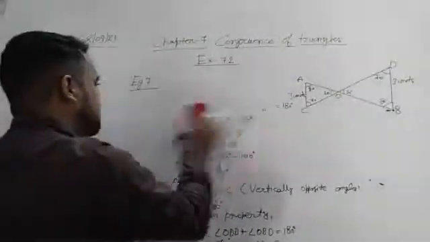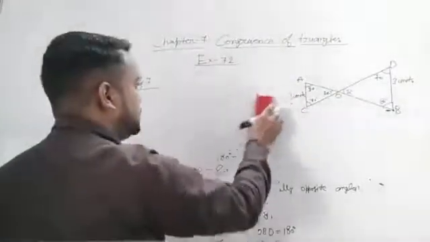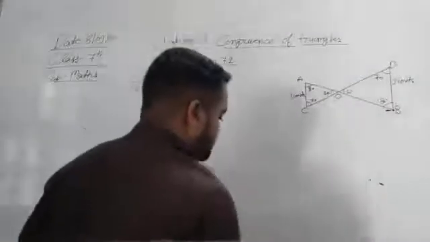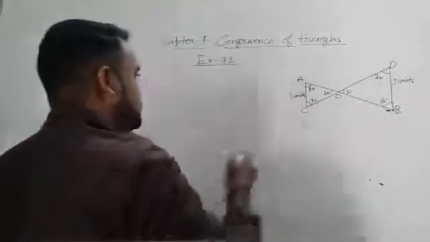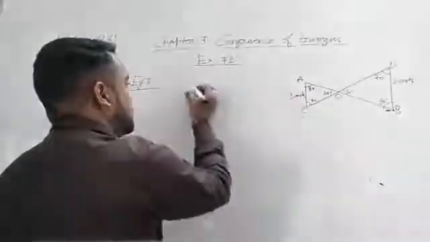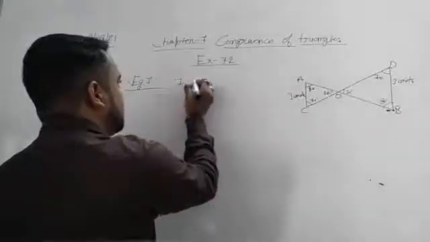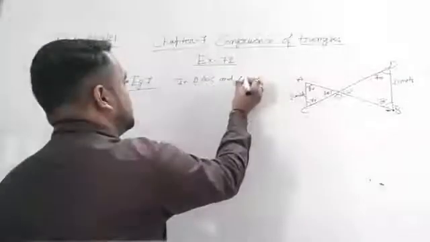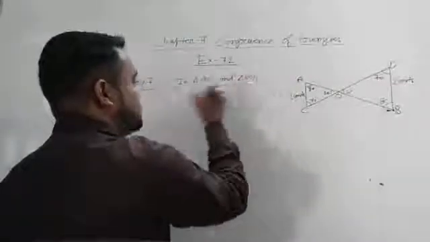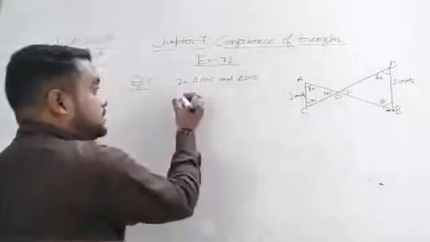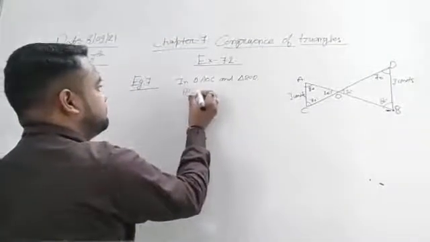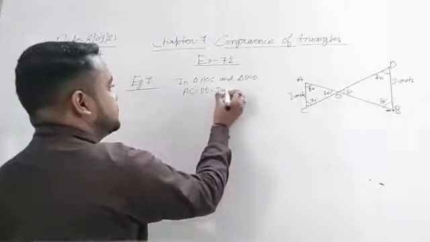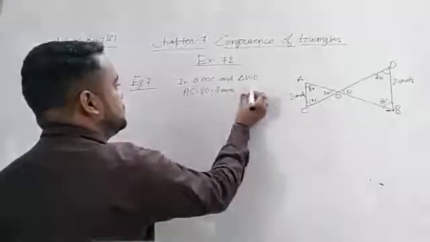Now we will satisfy the angle side angle criteria for triangle AOC and triangle BOD. In triangle AOC and triangle BOD, AC is equal to BD. This is of 3 units, which is given.